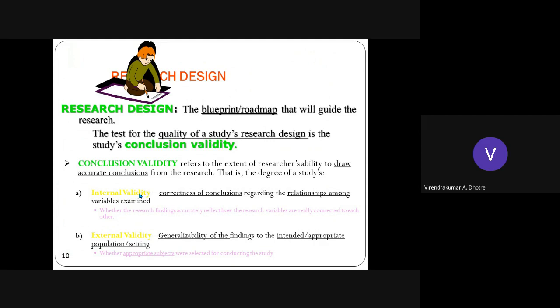External validity is the next part. It is about the generalizability of the outcomes and findings, whether they are appropriate or not, whether they are as per the required requirement or not.